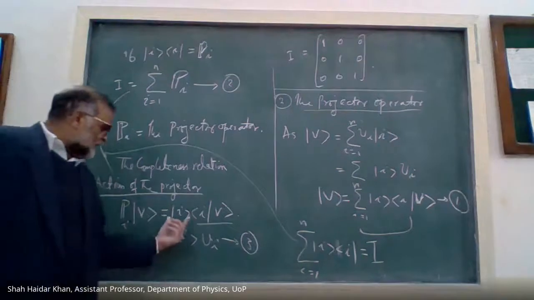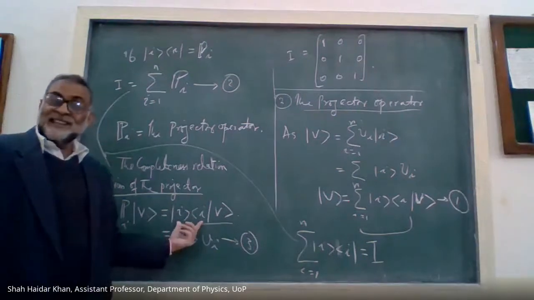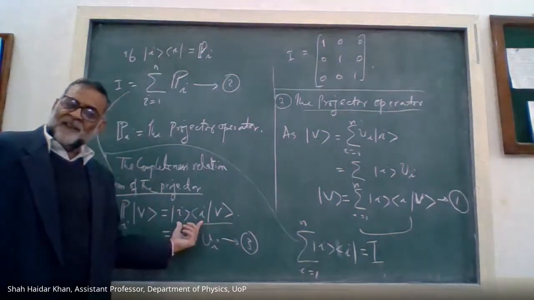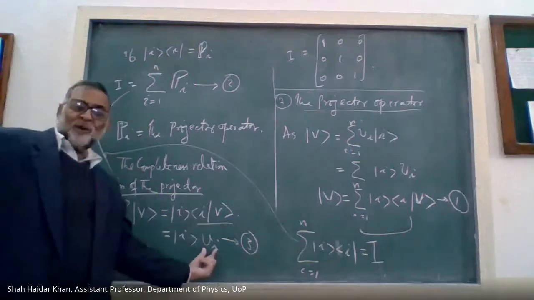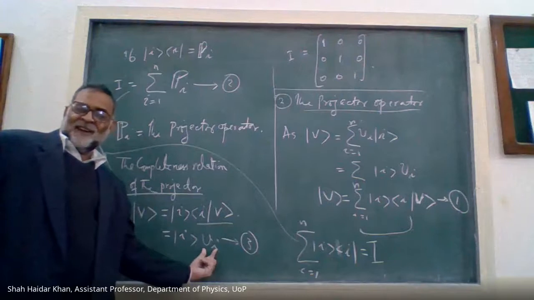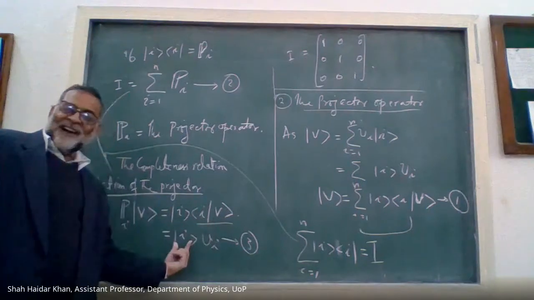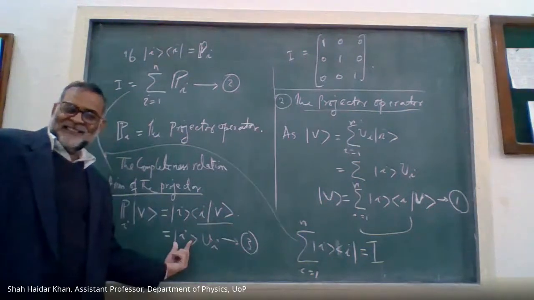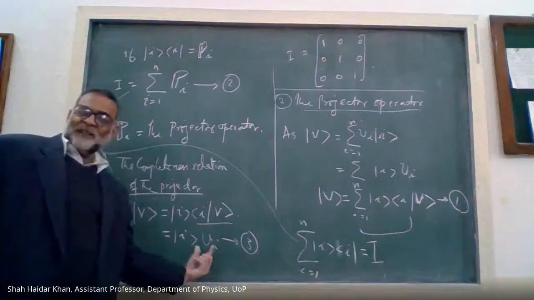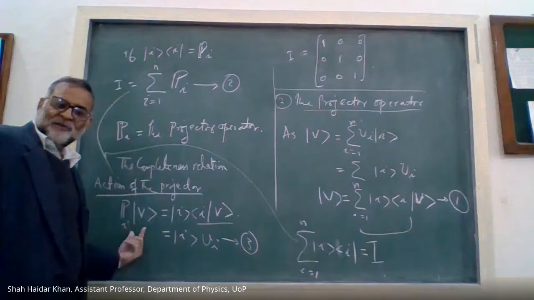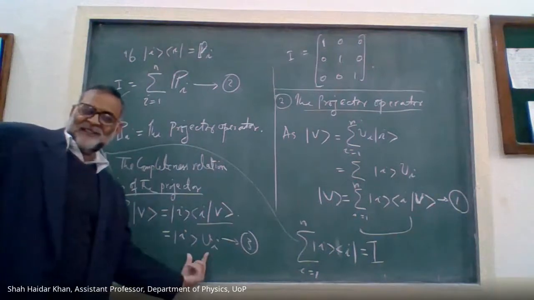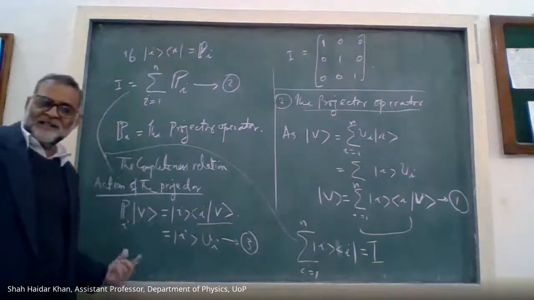For example, the projector operator is representing the ith dimension here, so it gives you the projection of the vector along i. It gives you the component of V along that direction to which P_i is related.